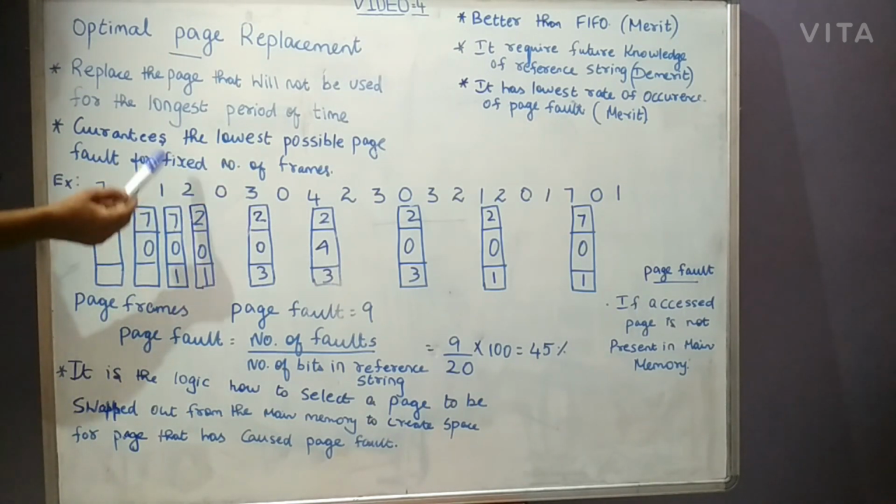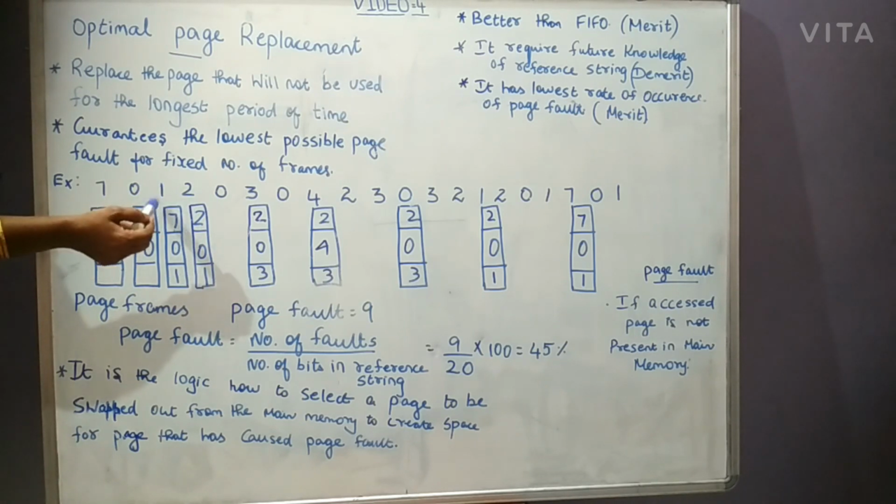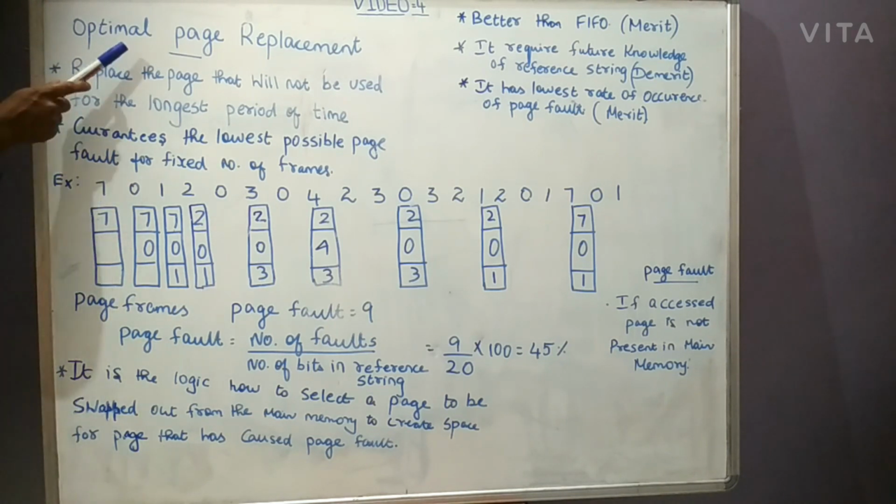So prior knowledge is needed when replacing a page. That is one drawback of optimal page replacement. It requires future knowledge of the reference string.